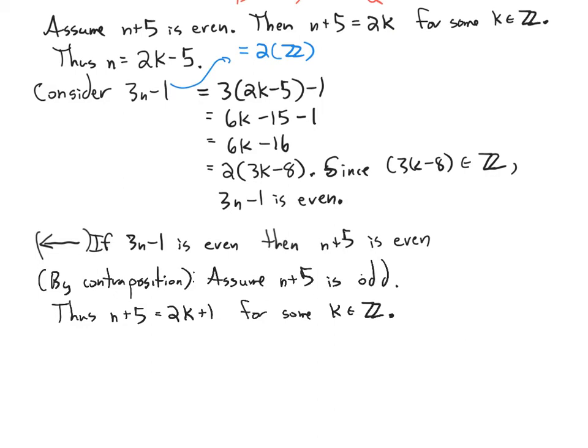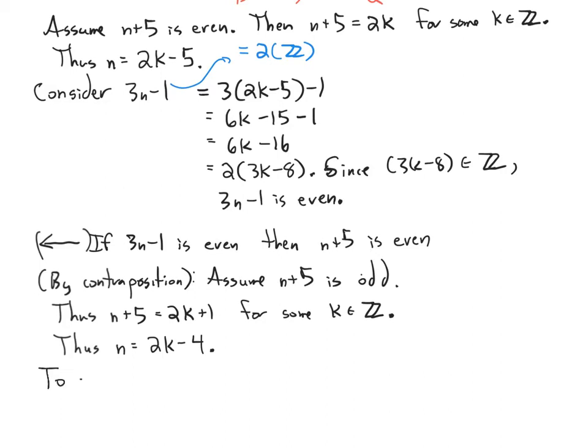Excellent. Okay. So again, we can just solve for n. That might help us out here. So n, we're going to subtract 5 from both sides, and we get 2k minus 4. So we have some information about n, and we can plug it in to 3n minus 1. We want to show that this is false, so that 3n minus 1 is not even, that it's odd. So we want to show the if part is false.